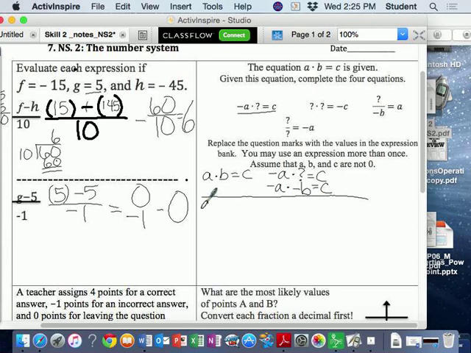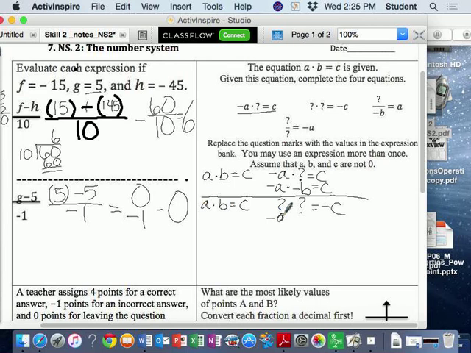Again, given A times B equals C, we have question mark times question mark equals a negative C. So, whereas in the first one, we had a negative times a negative to give us a positive C, in this one, we know that one of our A or B needs to be negative in order for C to be negative.